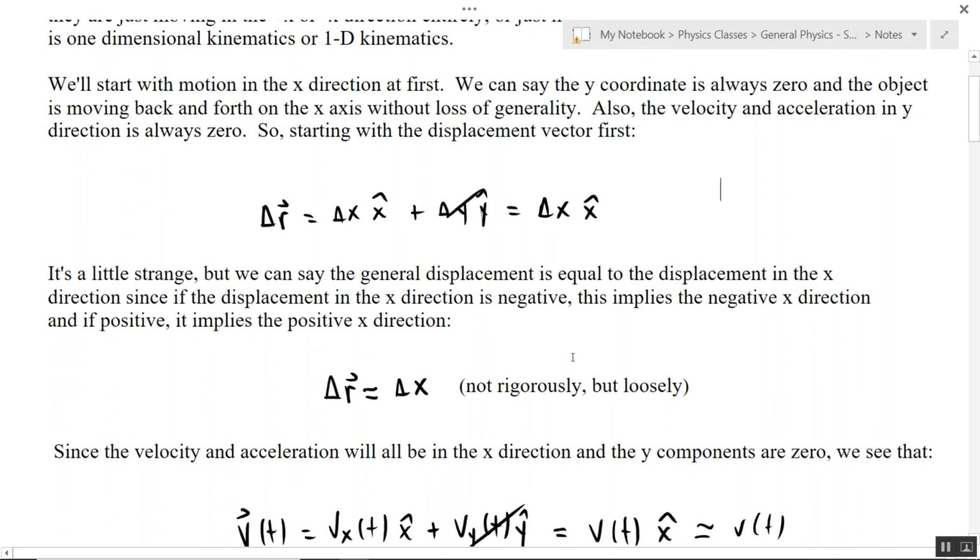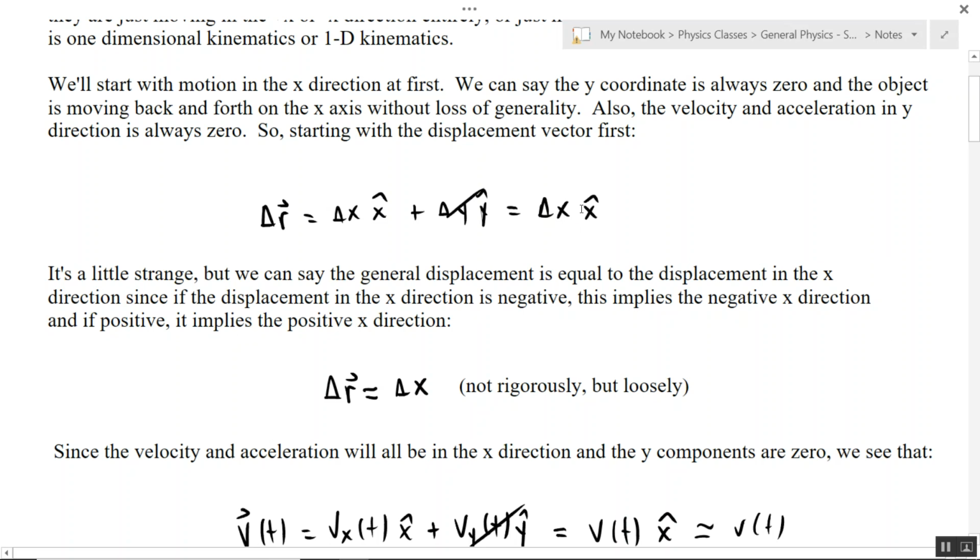Now, this gets a little bit confusing, but you'll get used to it in a bit. Normally, we write a displacement vector like a vector. What I mean by that is you write it with an arrow over it, right? But if you're talking about 1D kinematics, things moving back and forth just in the x direction, it only has an x part to it. There's no y part to it.